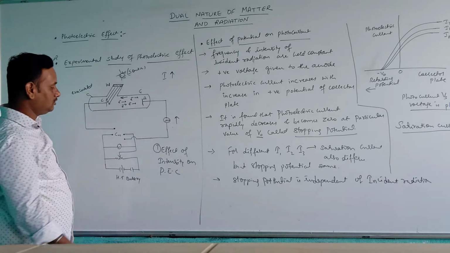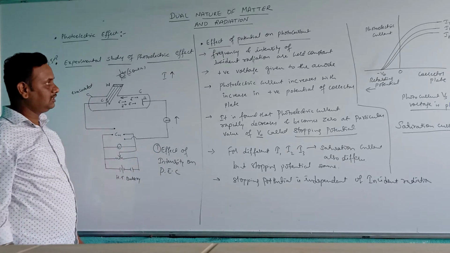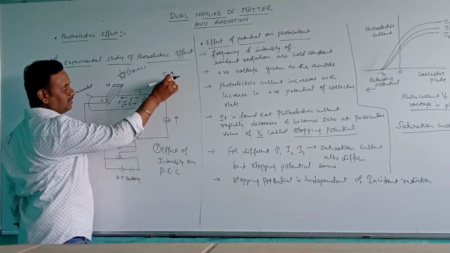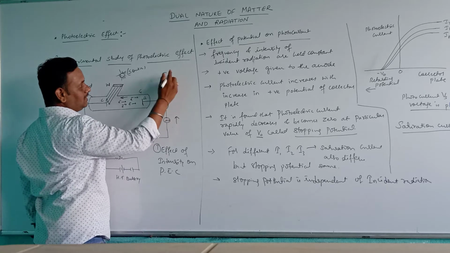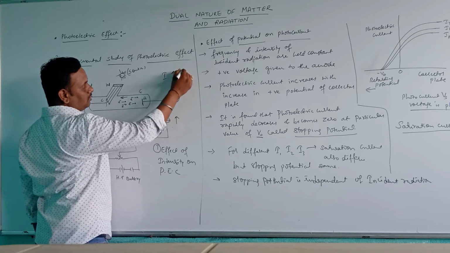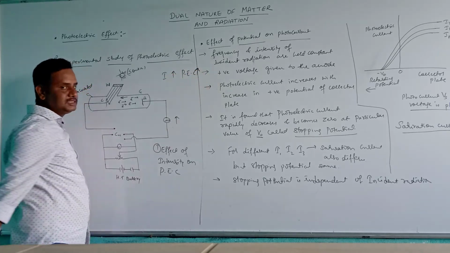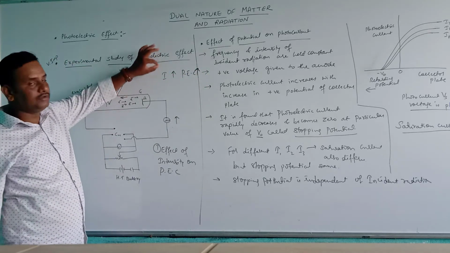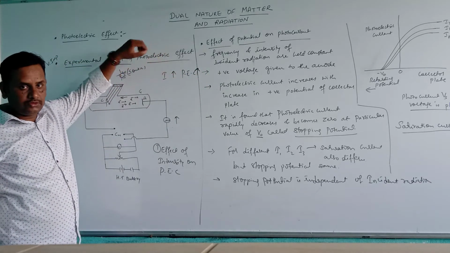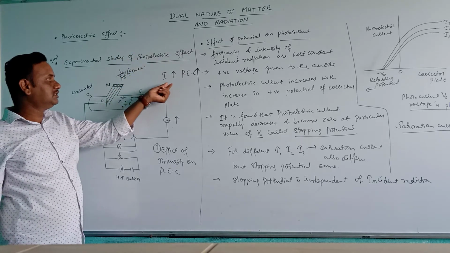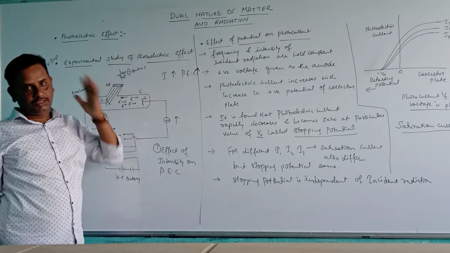This is what I explained in the last class. In conclusion, as the intensity increases, the photoelectric current also increases, because more electrons are emitted.